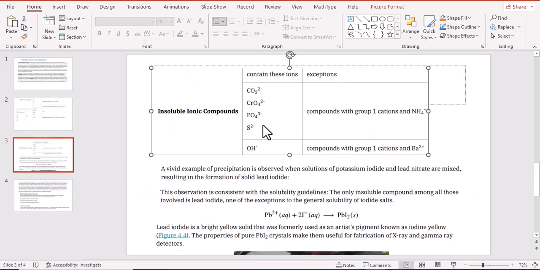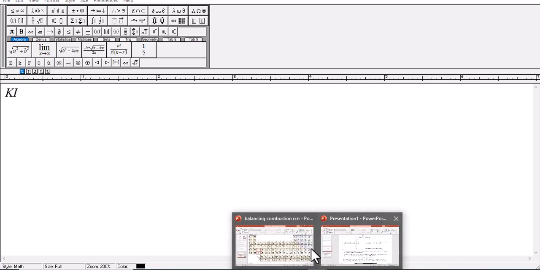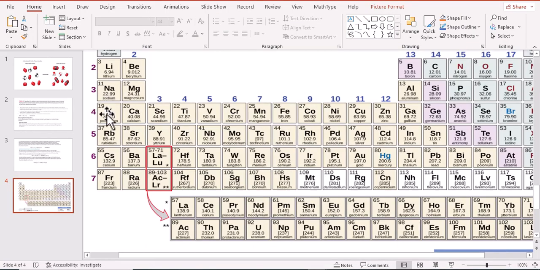All right, wonderful people, let's continue in this. So we said a vivid example of precipitation is observed when solutions of potassium iodide. Okay, so potassium iodide. Right, let me check something. Let's go to the periodic table and look at potassium.